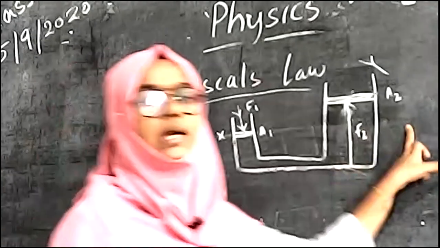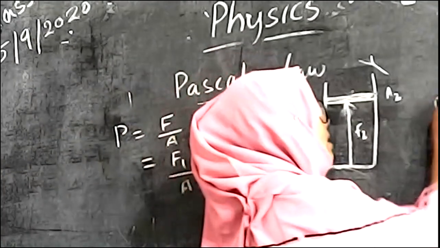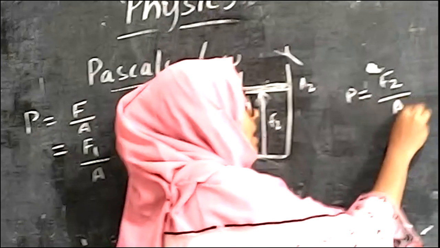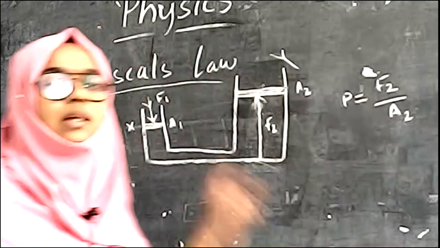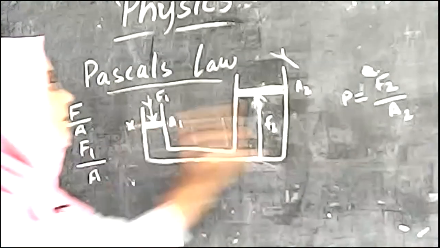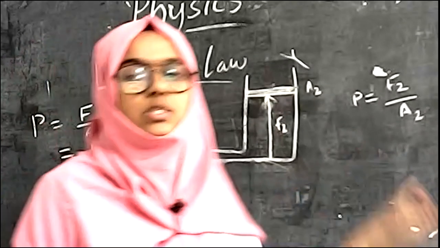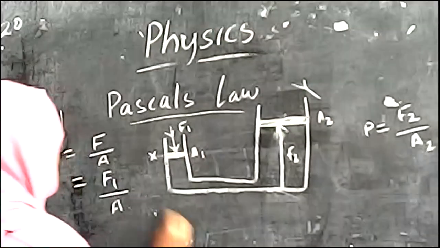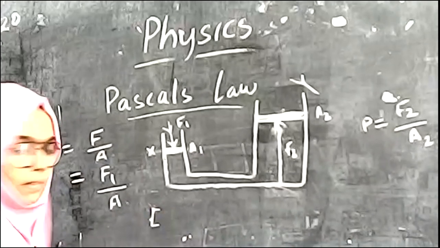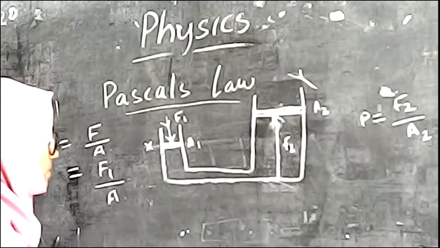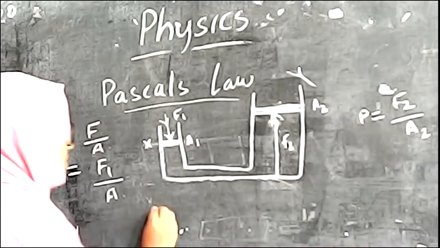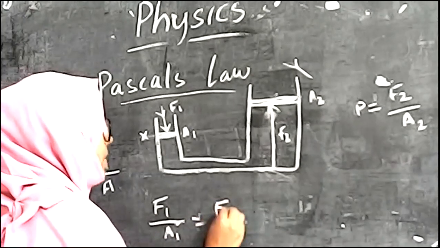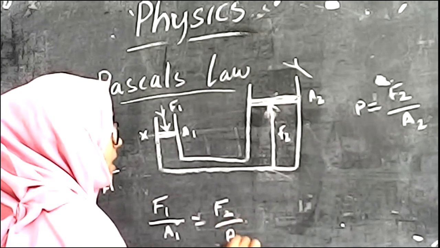And here also experiencing a force, that is P is equal to F2 by A2. And the applied force and the experienced force, F1 and F2, are equal, and we have to write that F1 by A1 is equal to F2 by A2.